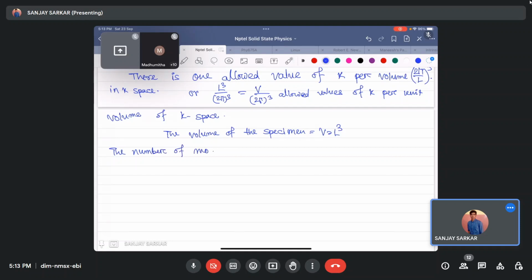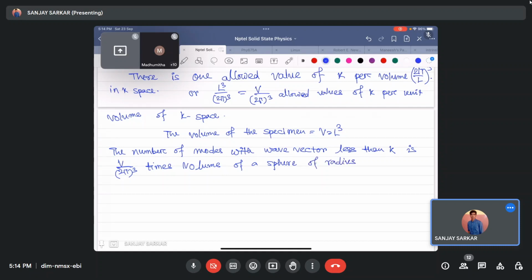The number of modes with wave vector less than K is V by (2 pi) cube, this is the number of states per unit volume, times the volume of a sphere of radius k.